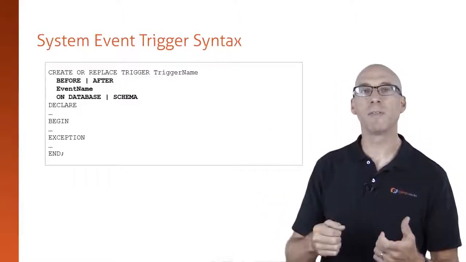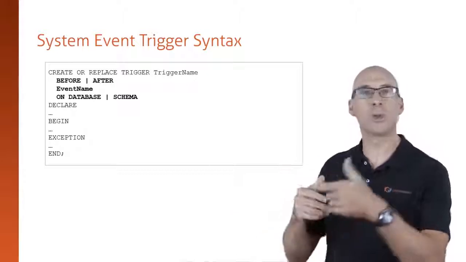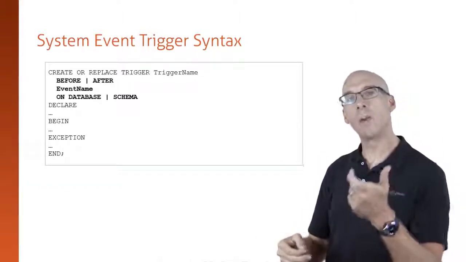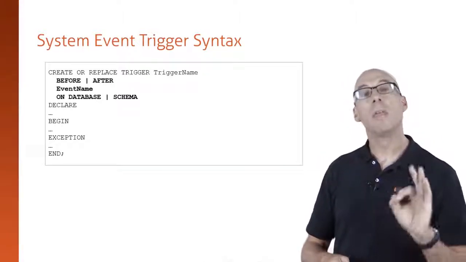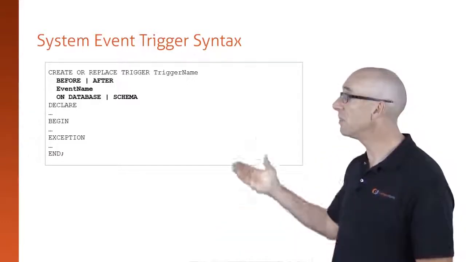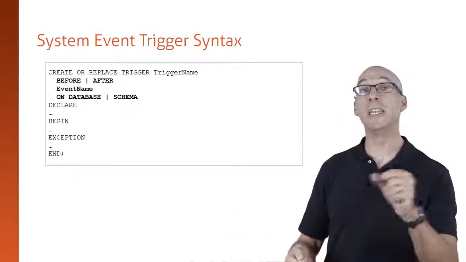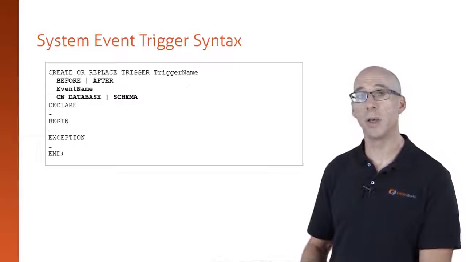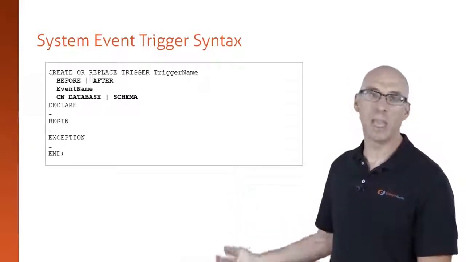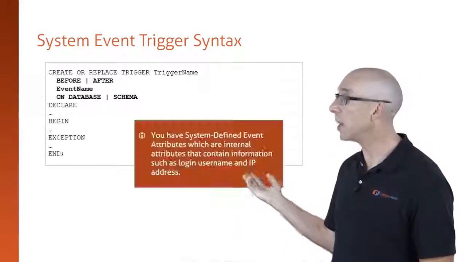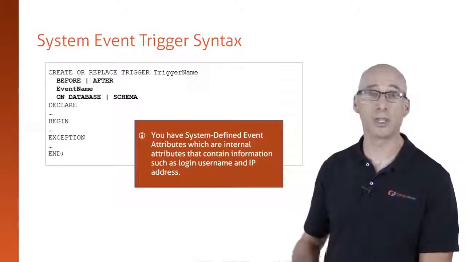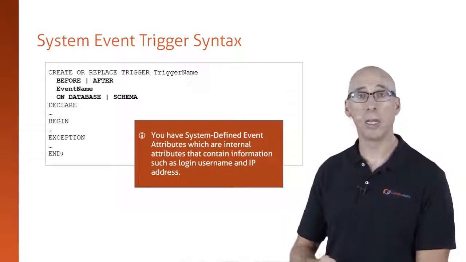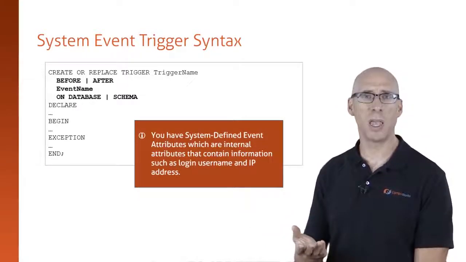So we're not specifying a table and insert or update or delete, we are specifying the event. Then after that, we specify whether this is going to occur on the database or on the schema. After that, everything else is the same. We still have our declare, we have our begin, we have our exception, we even have our end. So everything else is pretty much the same.